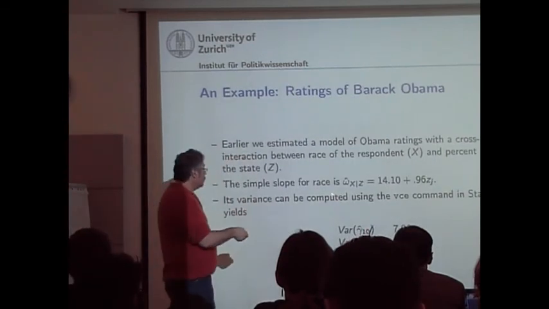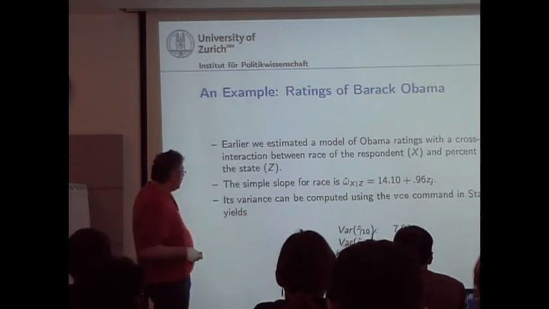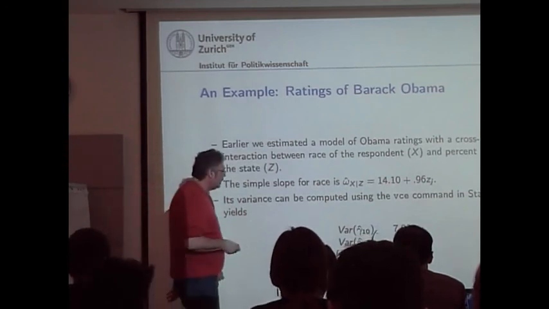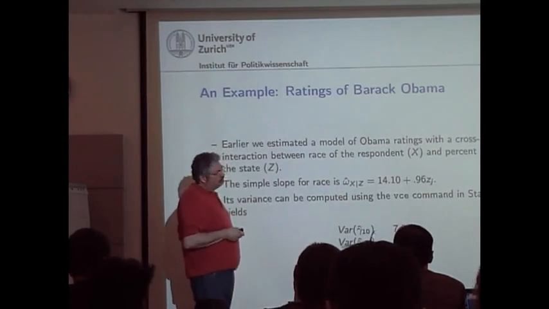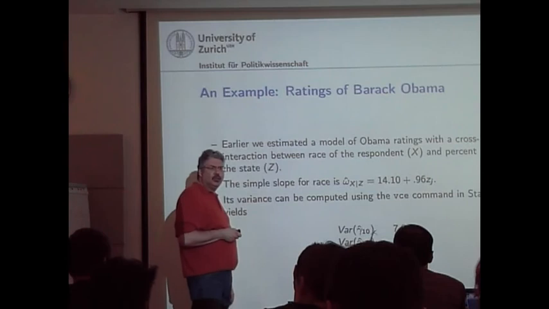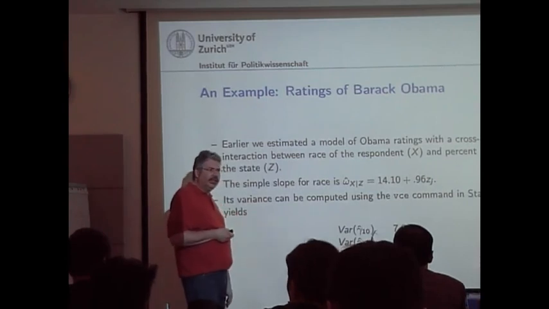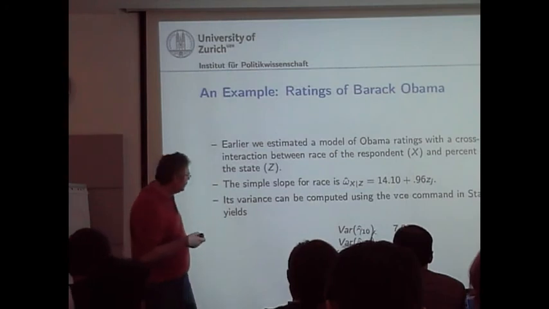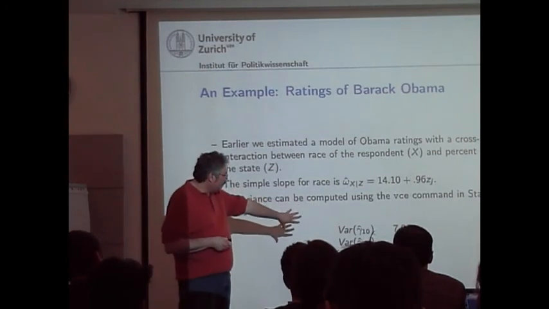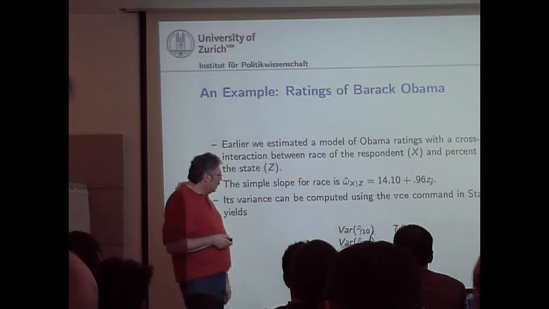And the simple slope then is this equation, and to get to the variance, well, I did that in a sort of dumb way here, so there is a more intelligent way of doing it. But this is the set of results that you get.